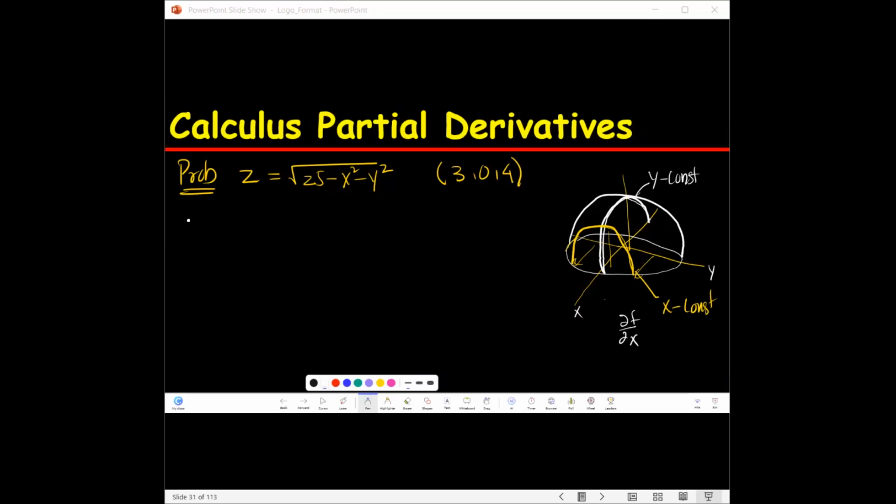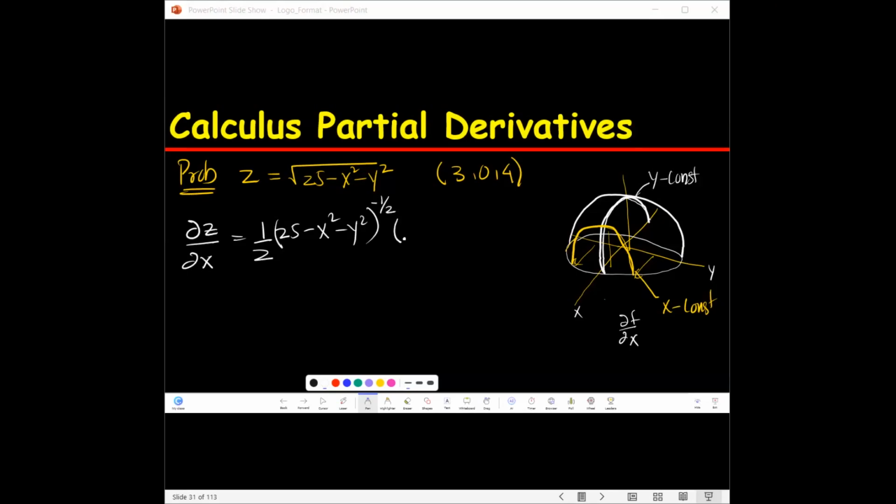First, I'm going to take the function's derivative with respect to x, which equals half times 25 minus x squared minus y squared. Half minus one, so it's going to be minus half.